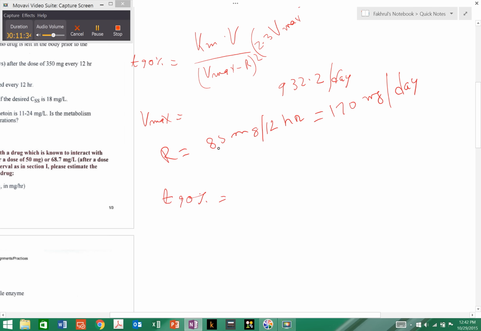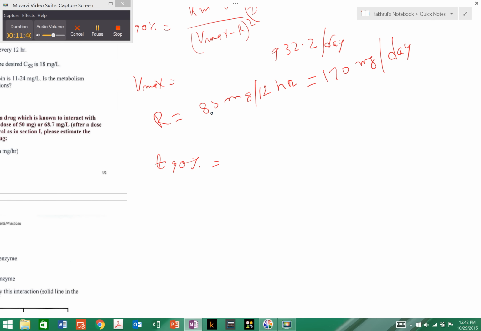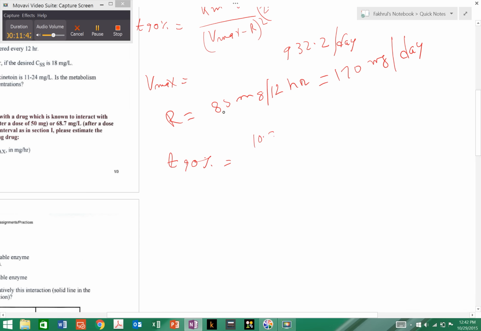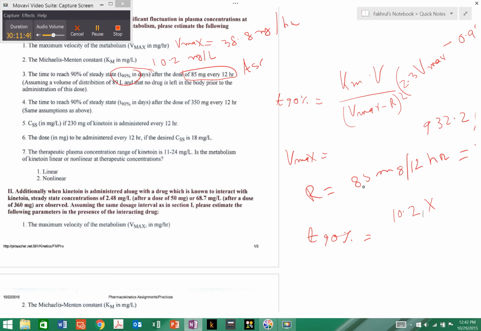T90% would be Km. We also know this Km, which is this, the unit doesn't change. 10.2 times V. Where is that V? See here.